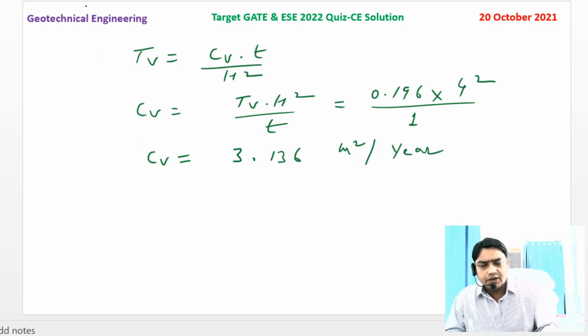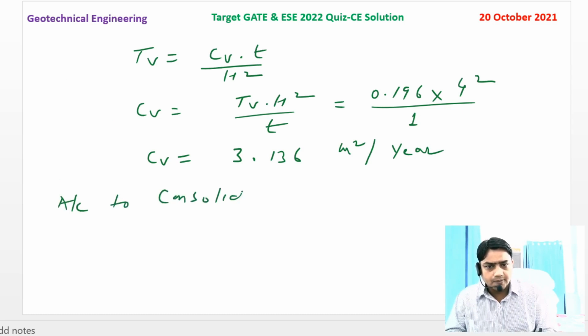Now we have computed the value of CV. According to the consolidation equation, we can compute the value of MV because K is given.